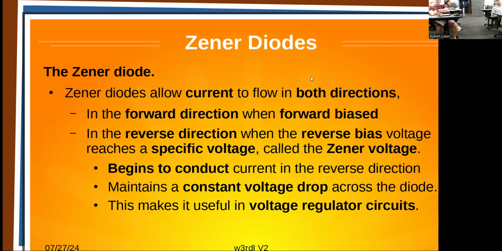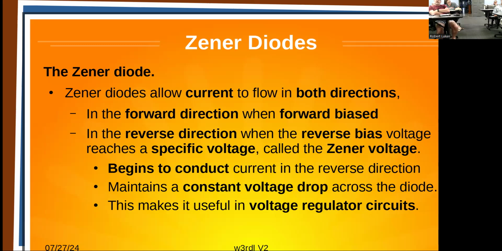So when we do a Zener diode, it actually allows current to flow in both directions. In the forward bias or normal mode, it acts like a regular diode, and it will pass current at, if it's a silicon, which most of them are, 0.6, 0.7 volts.